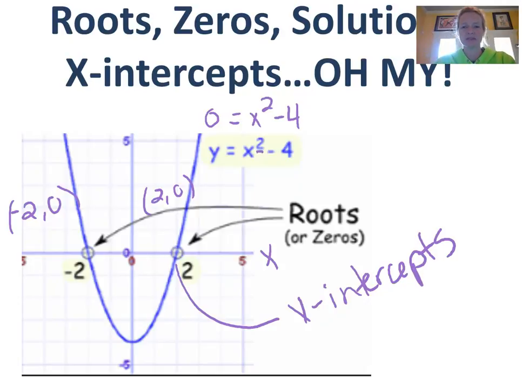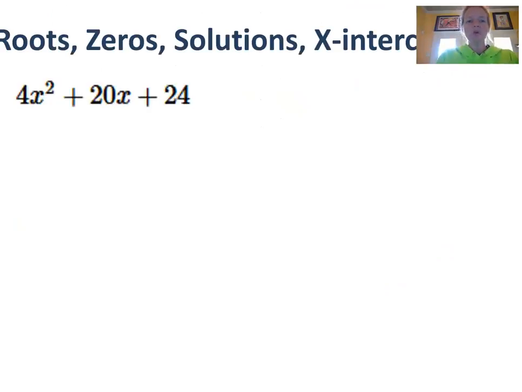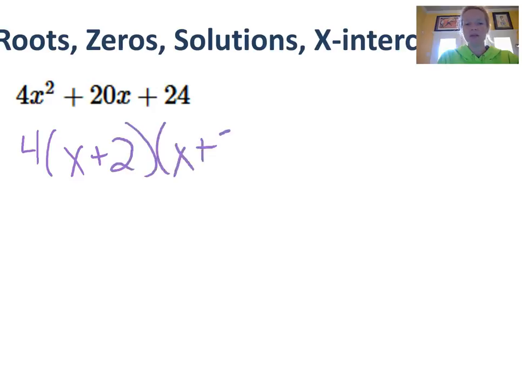So let's practice this. We've had this equation previously when we were trying to find our factors. So we already know that we factored out the GCF and we got 4. And then our factors were x plus 2 and x plus 3. So now we have our factors.